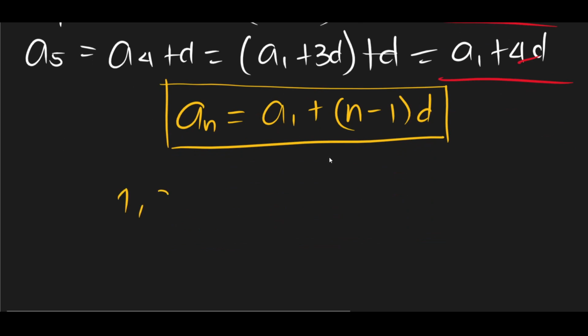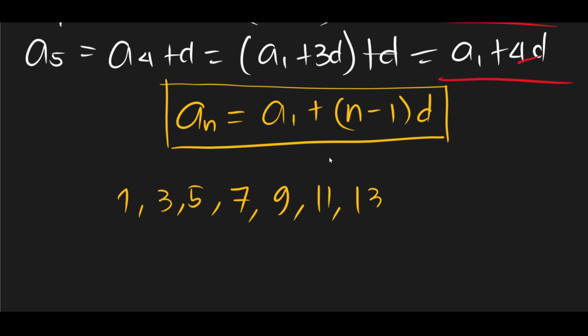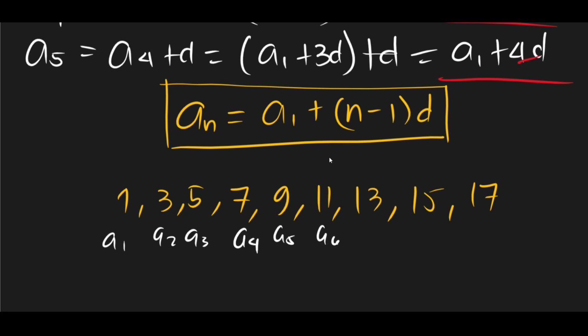Say we have 1, 3, 5, 7, 9, 11, 13, 15, 17. This is a1, a2, a3, a4, a5, a6, a7, a8, a9.